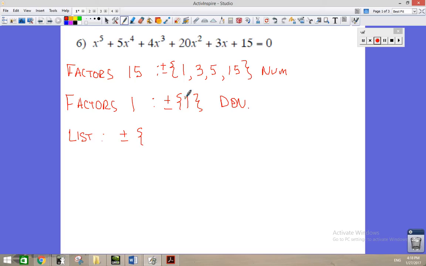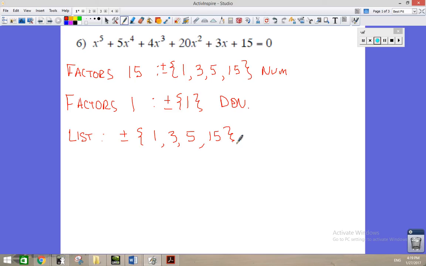I'm not going to write 1 over 1, 3 over 1, 5 over 1, 15 over 1. Later on we'll have to do that, because if this is a number that's different than 1, then we're going to have to divide by all this. But when we divide by 1, we just get these numbers back. So I just write it as 1, 3, 5, and 15.